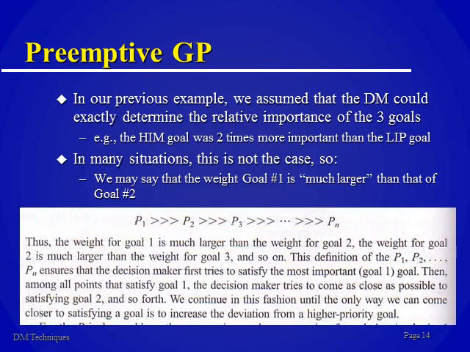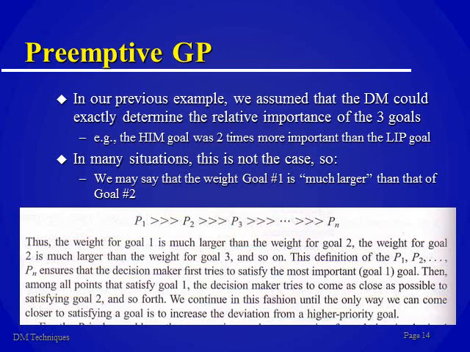Preemptive goal programming says that the way you solve this is to assign weights that are much bigger than the weights for other goals. For example, this is the preemptive weight for goal number 1. You have to set it in a way that it is much bigger, and that's what this symbol means, than the weight specified for goal number 2, and the weight for goal number 2 is much bigger than that of goal number 3, and so forth.